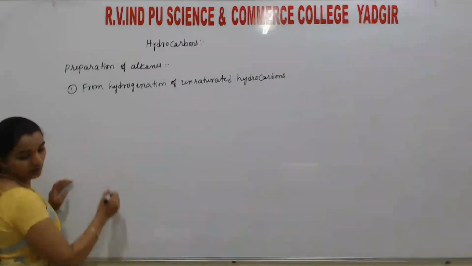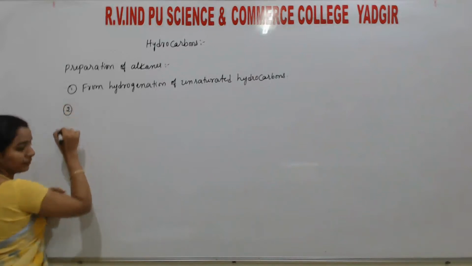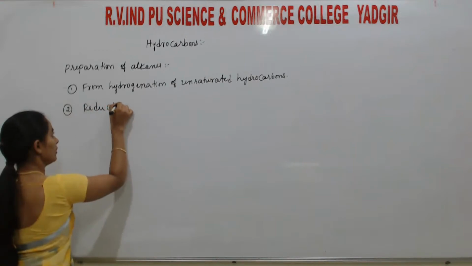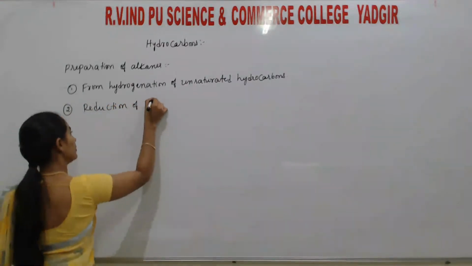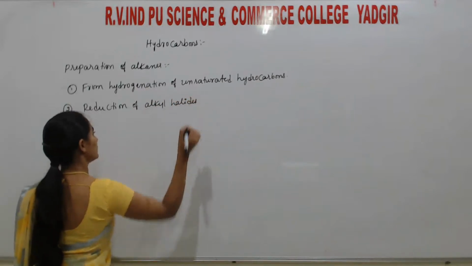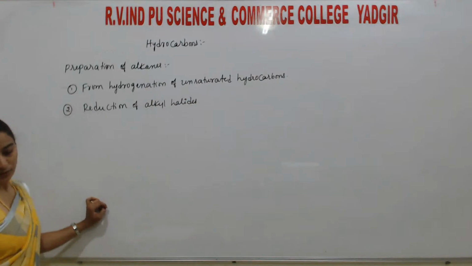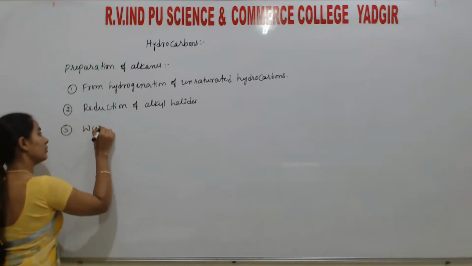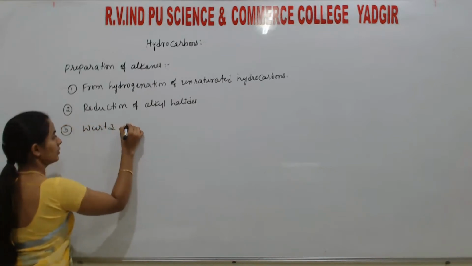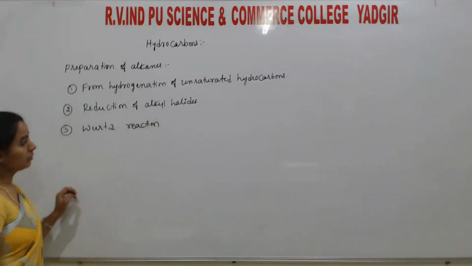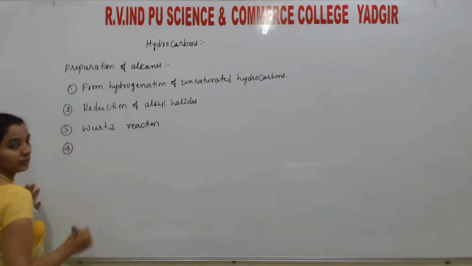Initially, I will write the methods first. How many methods are there? Second one, reduction of alkyl halides. Third one is Wurtz reaction.